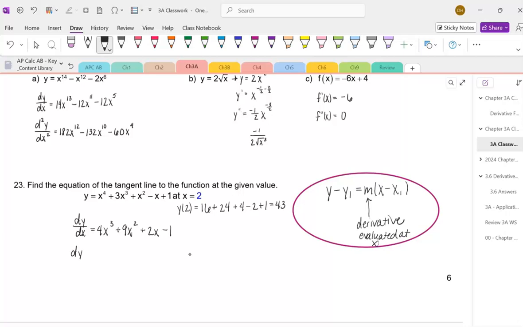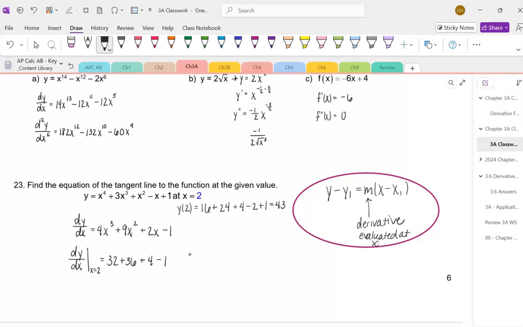And then we're going to evaluate the derivative. So check out the notation we're using. We've got the derivative, and we're going to evaluate it at x equals 2. So we've got this type of notation going on. So we're going to go ahead and plug in the 2. So we've got 2 cubed, 8 times 2, plus 9 times 4, plus 2 times 2 minus 1.